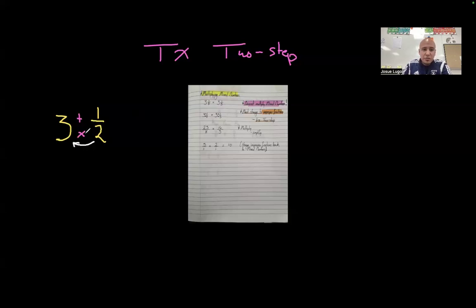I'm going to multiply 2 times 3, and that gives me 6, right? Now I just need to add whatever answer I got with the numerator. So 2 times 3 gives me 6, and now 6 plus 1 gives me 7. That's going to be my new numerator, and you keep the same denominator, halves.